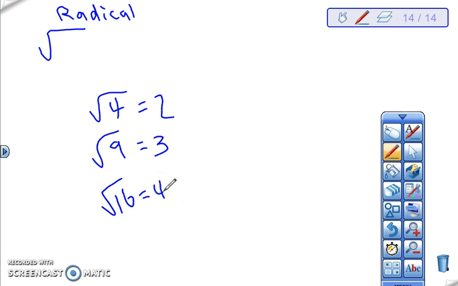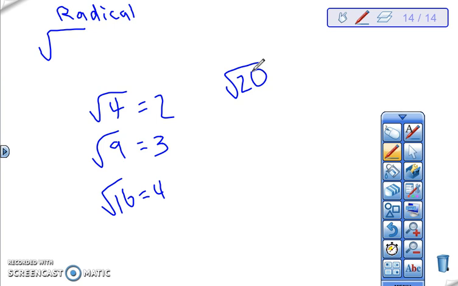However, a lot of times we run into numbers that do not have square roots. So for example, a number like 20. We need to be able to simplify this to express it in terms of smaller numbers. So to do that, we're going to use what we call a factor tree.